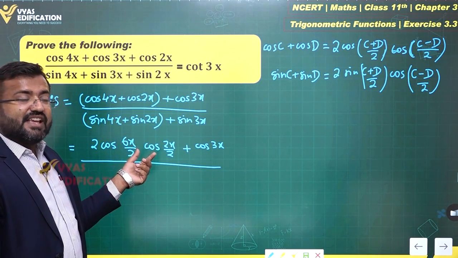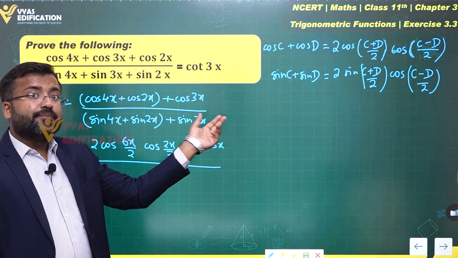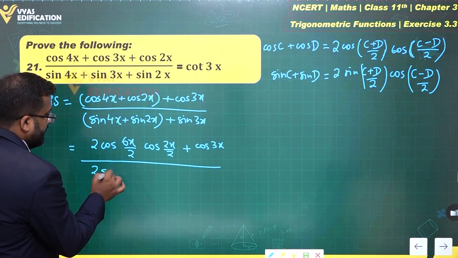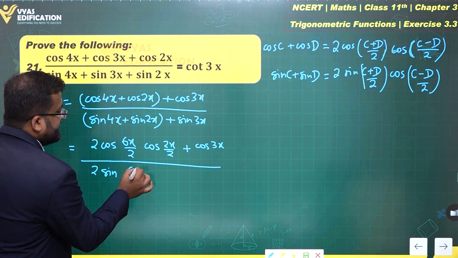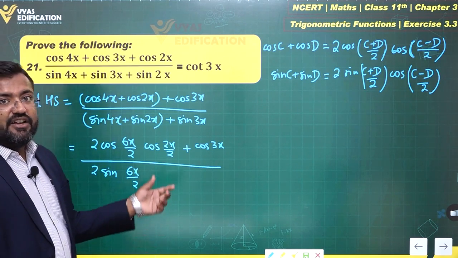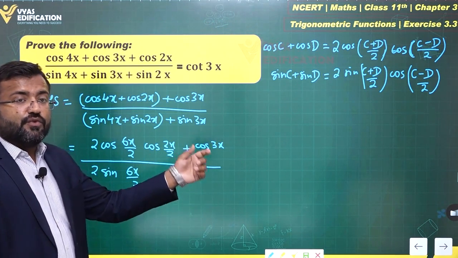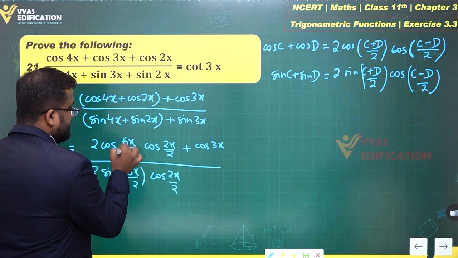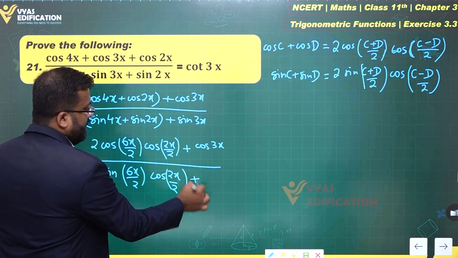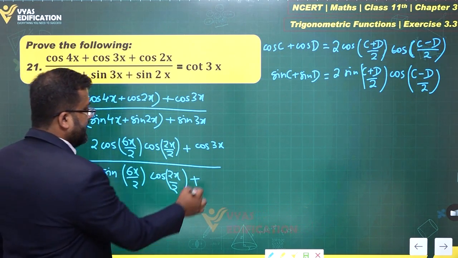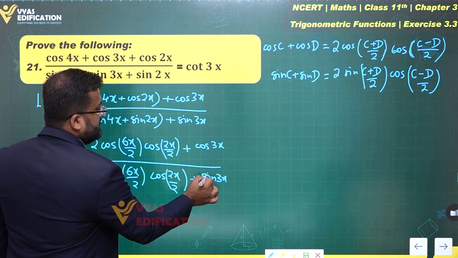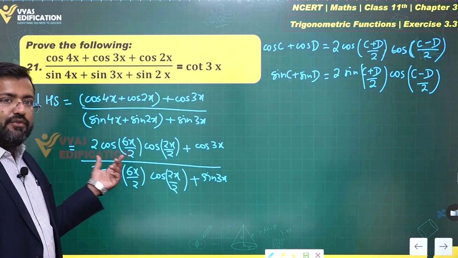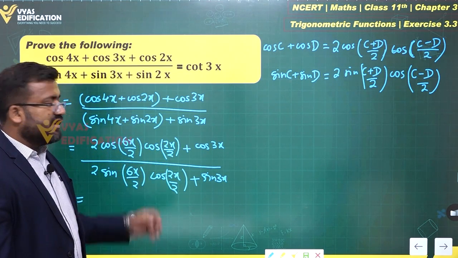So sin 4x plus sin 2x will be equal to 2 sine of (4x plus 2x) by 2, 6x by 2, and along with that you have cos of (4x minus 2x) by 2, which is cos of 2x by 2. Plus there's another term in the denominator, which is sine 3x. Let it remain as it is. What does the numerator simplify into further? Please observe, in the numerator you have 2 cos 3x cos x now.